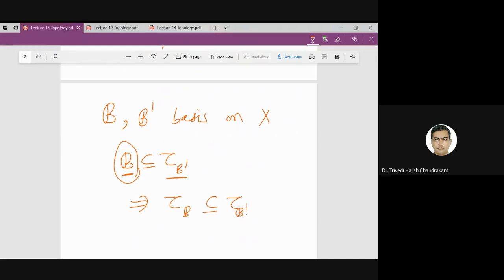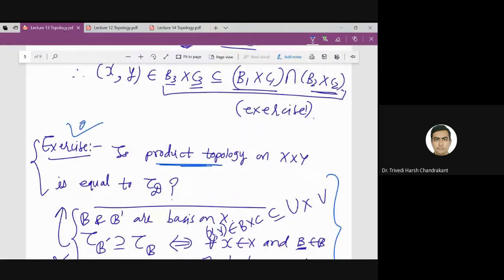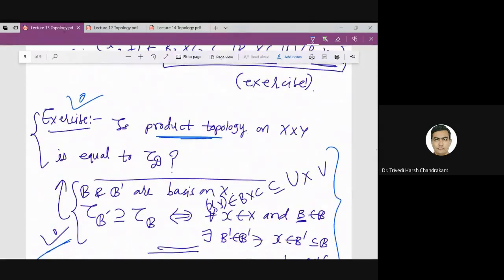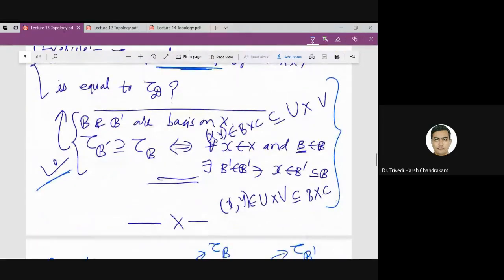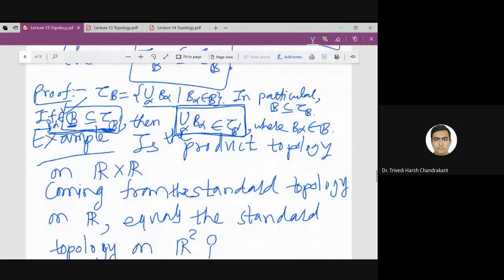You can use this result to prove one part of this exercise, and the other part is trivial. So just try this exercise, then after you try we will discuss.